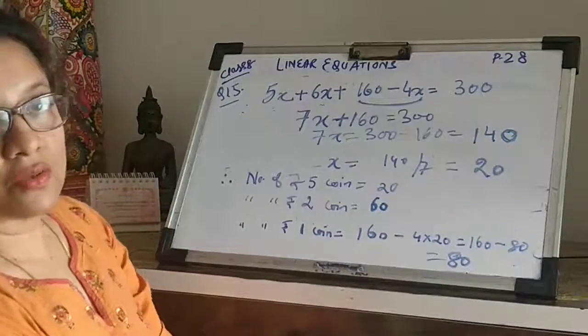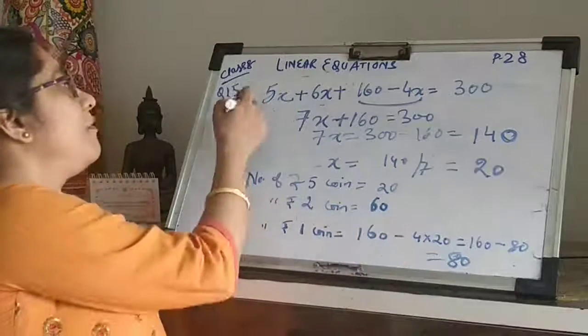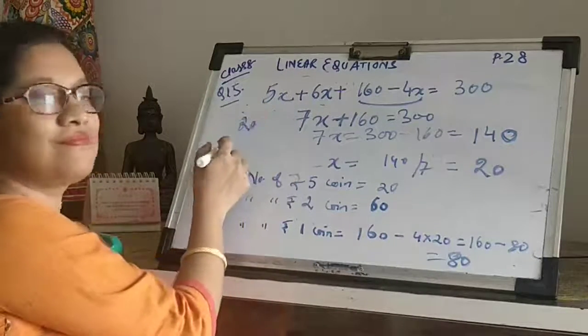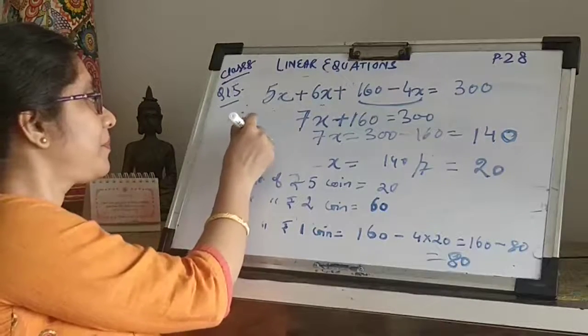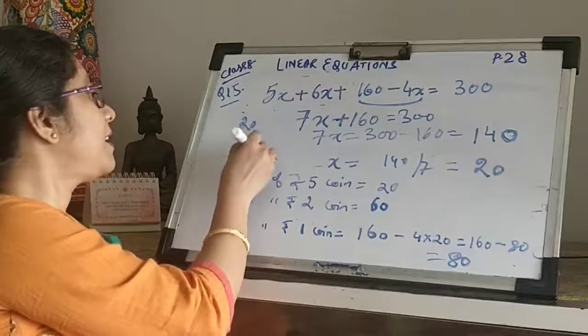Okay. So what are the total number of coins we have for each denomination? For 5 rupees it is 20. For 2 rupees it is 60. And for 1 rupee it is 80.